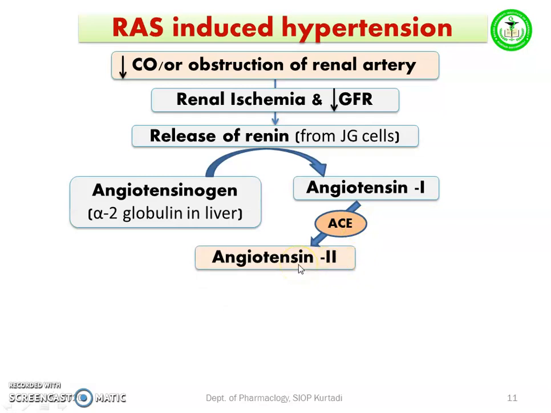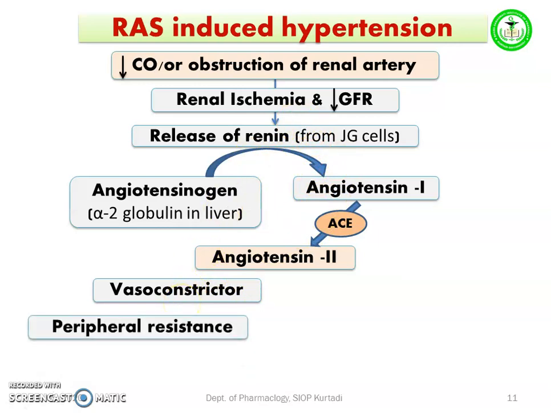This angiotensin 2 mainly acts on the medium and smaller blood vessels and causes narrowing of blood vessels, known as vasoconstriction. So due to the vasoconstriction, there is further increase in peripheral resistance to the blood flow. So you can say that angiotensin 2 acts as a vasoconstrictor and produces the peripheral resistance.